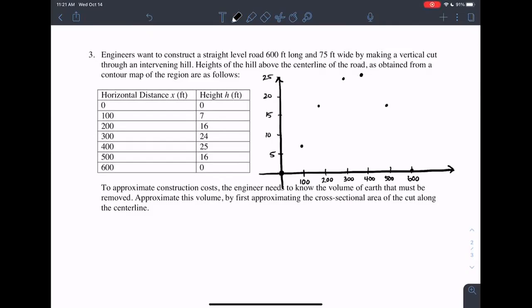And the region that we're cutting through, so it's kind of a sketch of some function, the region that we're cutting through is 75 feet wide and 600 feet long. Notice we've got the 600 feet accounted for in the drawing.